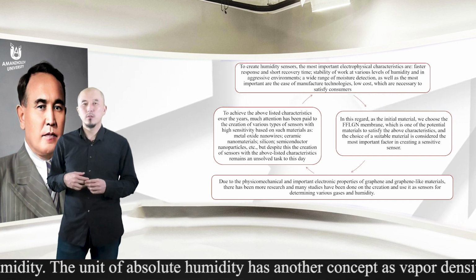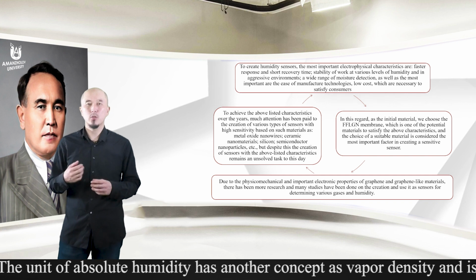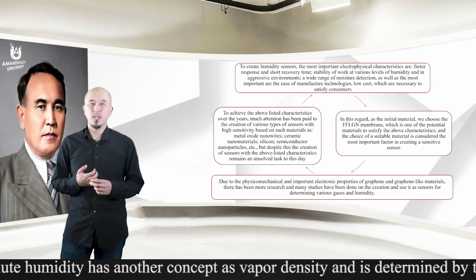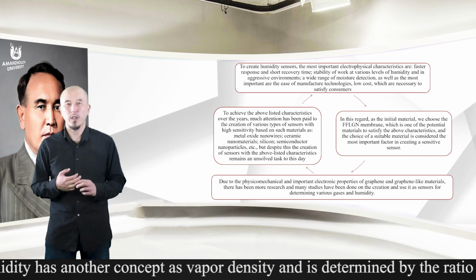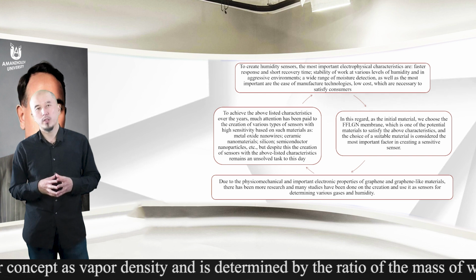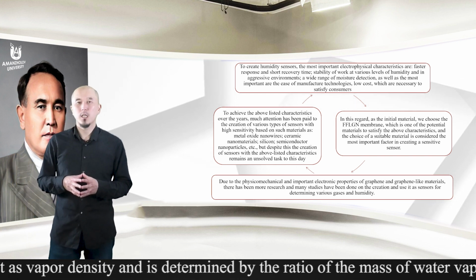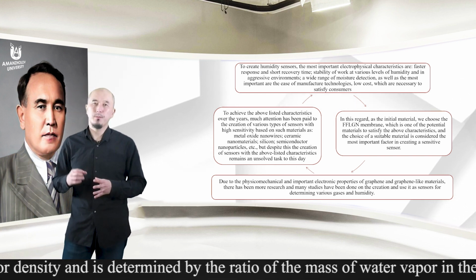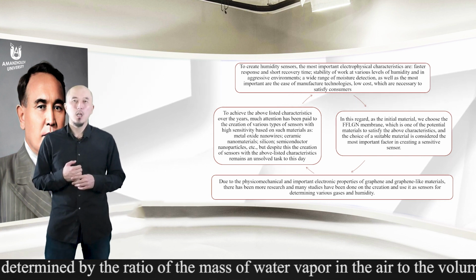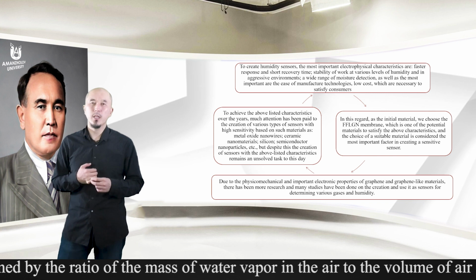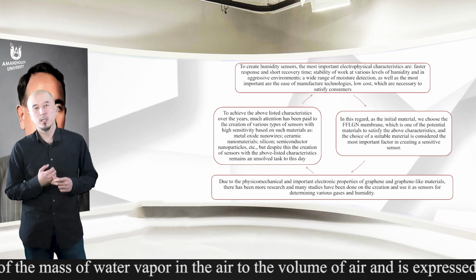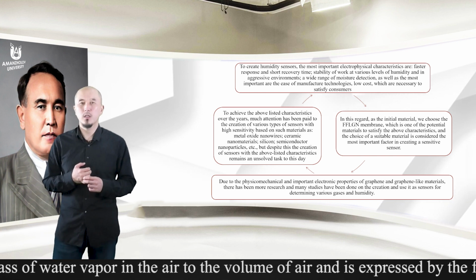In this regard, as the initial material, we choose FFLGN membrane, which is one of the potential materials to satisfy the above characteristics, and the choice of suitable material is considered the most important factor in creating sensitive sensors due to the physical, mechanical, and important electronic properties of graphene and graphene-like materials.